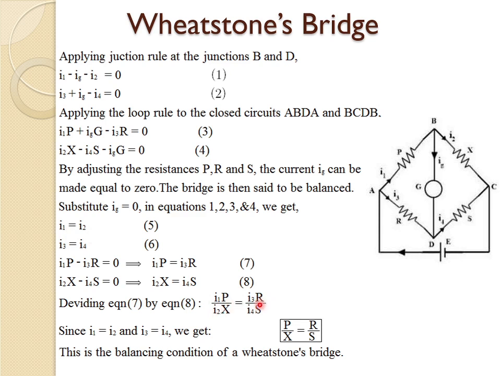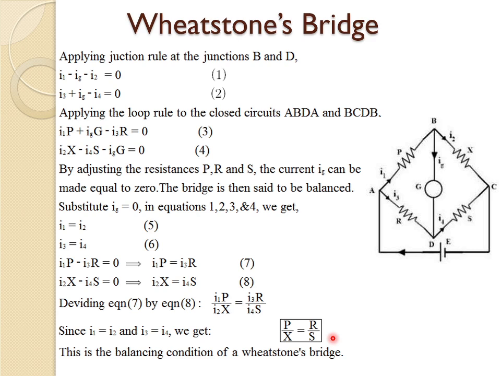On the right side also, I3 equals I4, so those currents are also cancelled out. Then the relation becomes P by X equals R by S. So this is the relation between the 4 resistances in the state of balance. This relation is called the balancing condition of a Wheatstone's bridge.